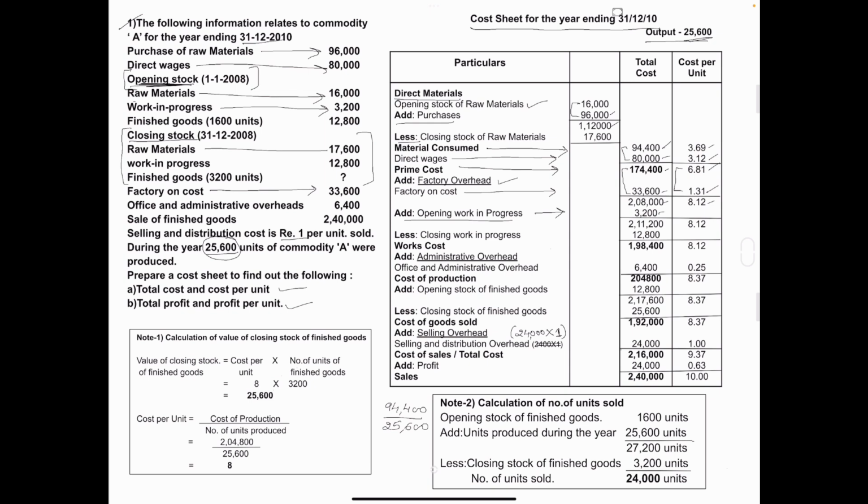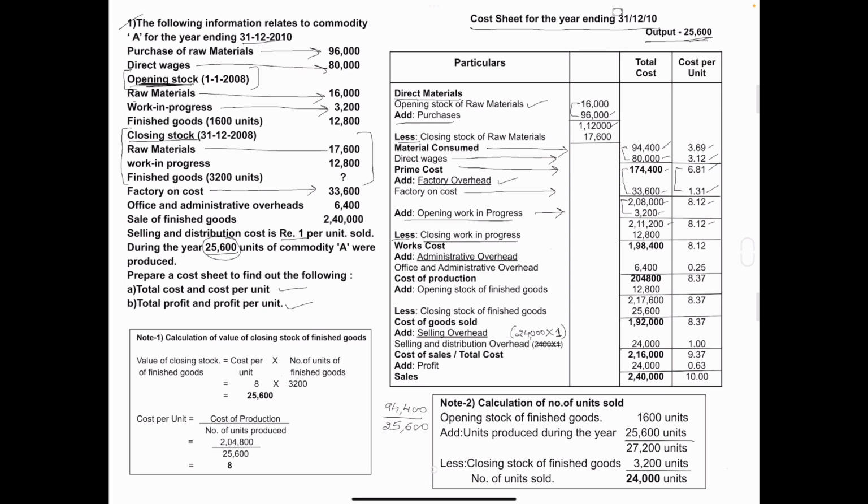Add these two amounts, 2,08,000 plus 3,200, and the amount is 2,11,200, and same 8.12.